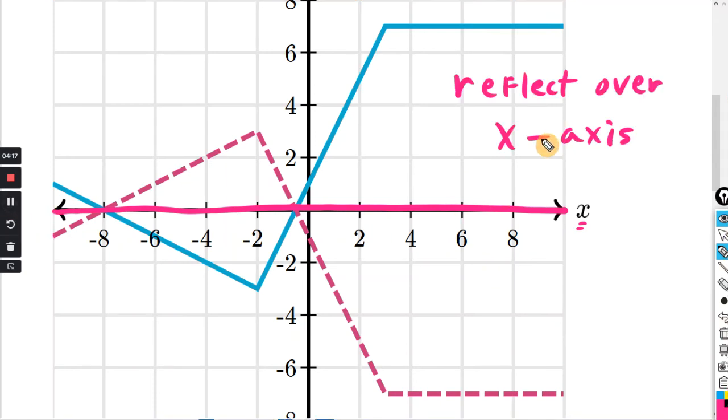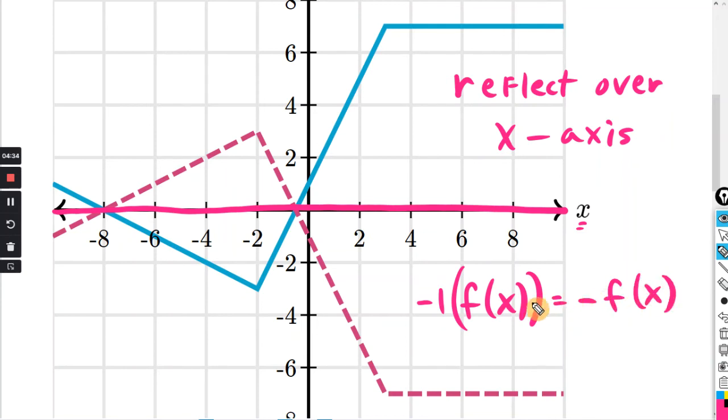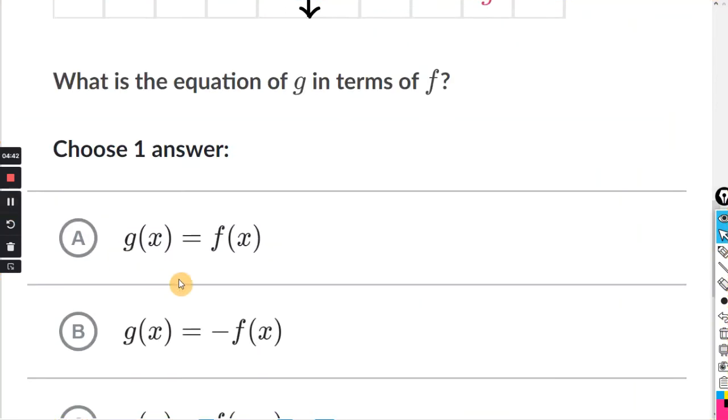In order to multiply all y values by -1, you basically take f of x and multiply that by -1. So that's just going to be negative f of x. If the original was f of x, the reflection is just negative f of x. So g of x is negative f of x, answer B.